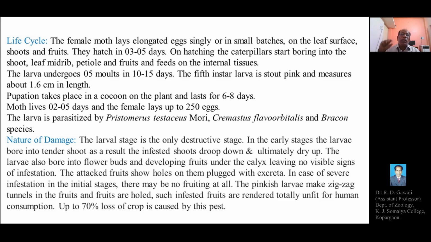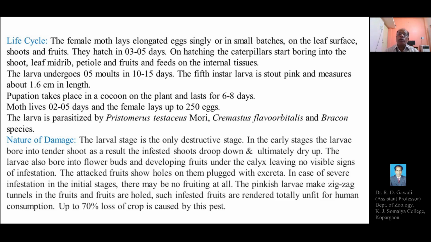So the caterpillar larvae are parasitized or consumed or fed upon by 3 different types of insects, which are the natural enemies of the larva of the brinjal fruit borer. So the larva is parasitized or devoured by Pristomerus testaceus, then Cremastus flavoorbitalis, and the Bracon species of wasp-like insects. So this is about the life cycle of the brinjal fruit borer.